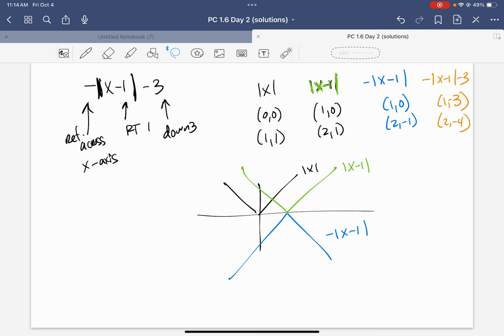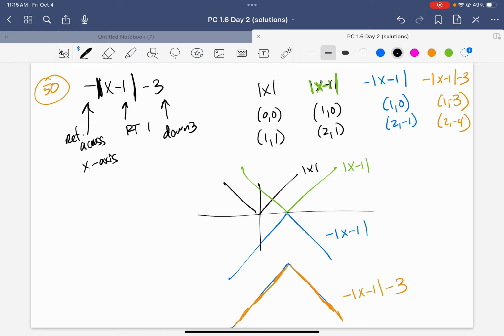And then if I take that picture and copy it and paste it down 3, it looks like this. And that's what -|x - 1| - 3 would look like. It would be this one right here. Cool. And that, my friends, is number 50.